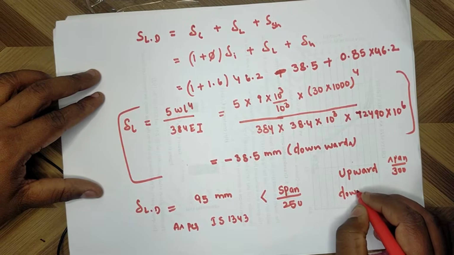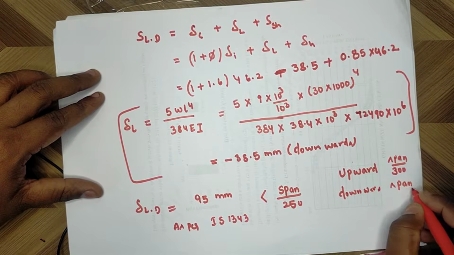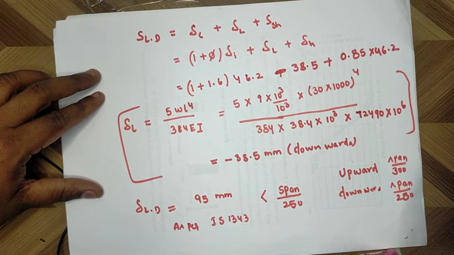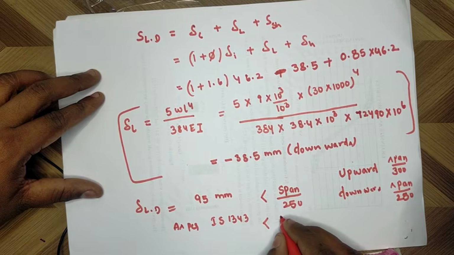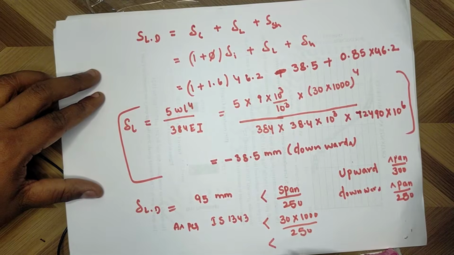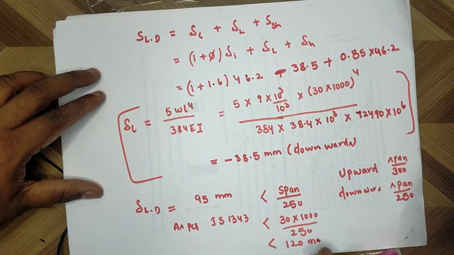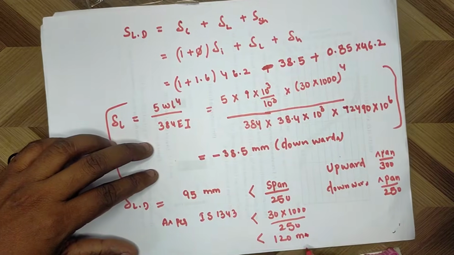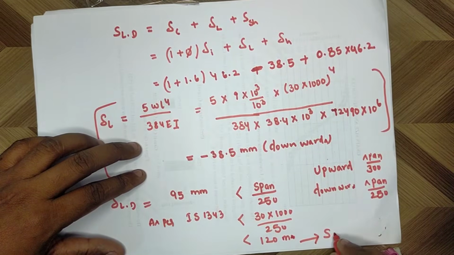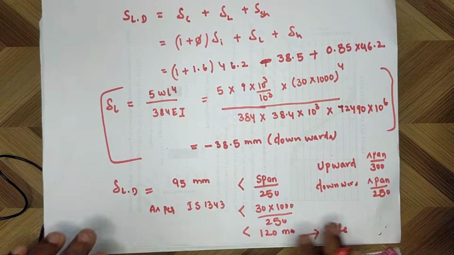For downward deflection it is limited to span by 250. That is equal to, span is 30 meters divided by 250, that is equal to 120 mm. Right? 38.5 is less than 95 mm is less than 120 mm. So it is safe. This is the way to solve this problem.